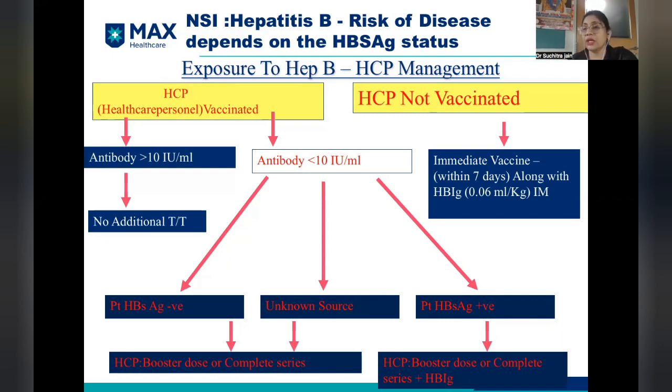If the patient is hepatitis B positive, then we should do a complete series of hepatitis B vaccine along with immunoglobulin given to your healthcare staff. I hope this is clear because this is a most important slide. I've tried to put it in just one slide so that you are clear whether your healthcare staff is vaccinated or not vaccinated. I hope it is very, very clear.